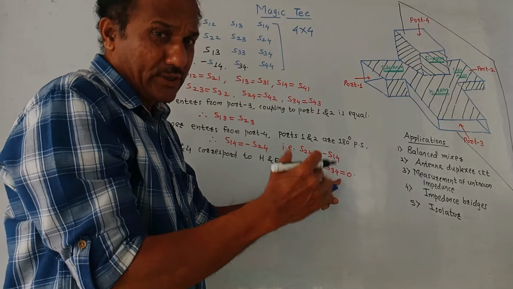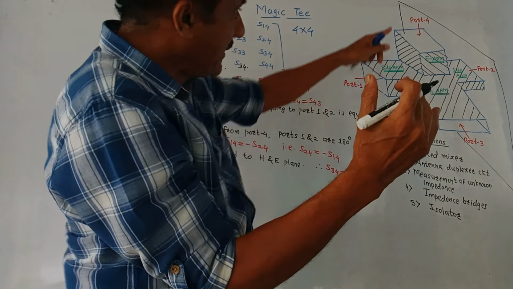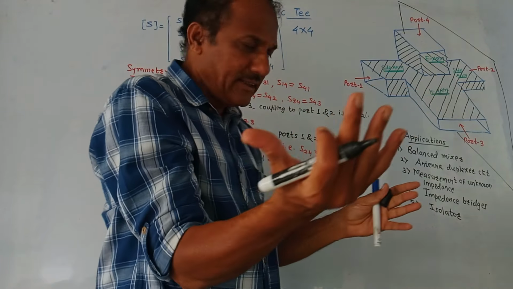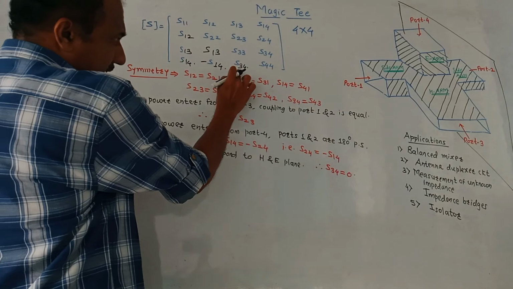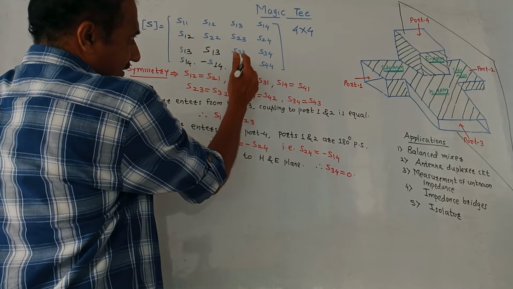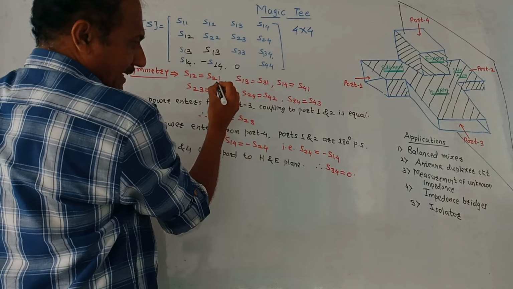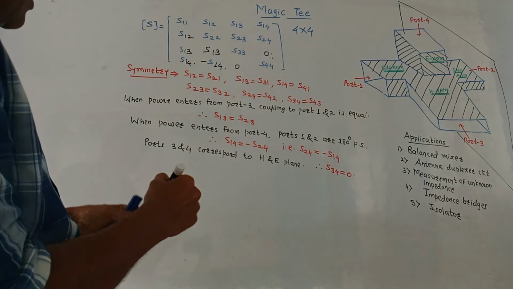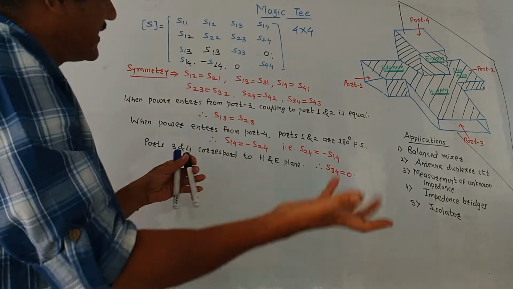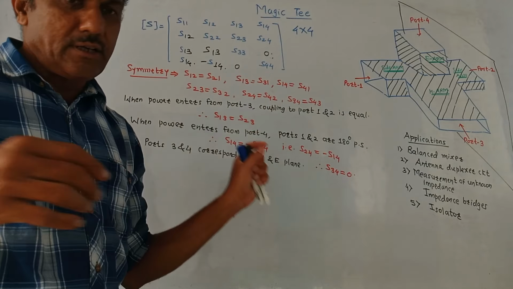Therefore, S34, that means there is no connection between 3 and 4 because one is electric and another is magnetic. So S34 is equal to 0. So this S34, I will write it as 0. Similarly, this term is again S34. So it becomes 0. Now let us simplify this matrix. I mean, we will derive the S matrix for the magic T.